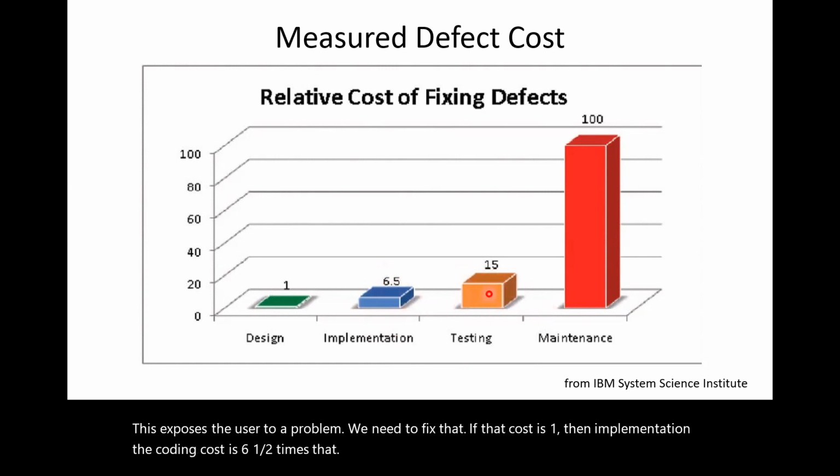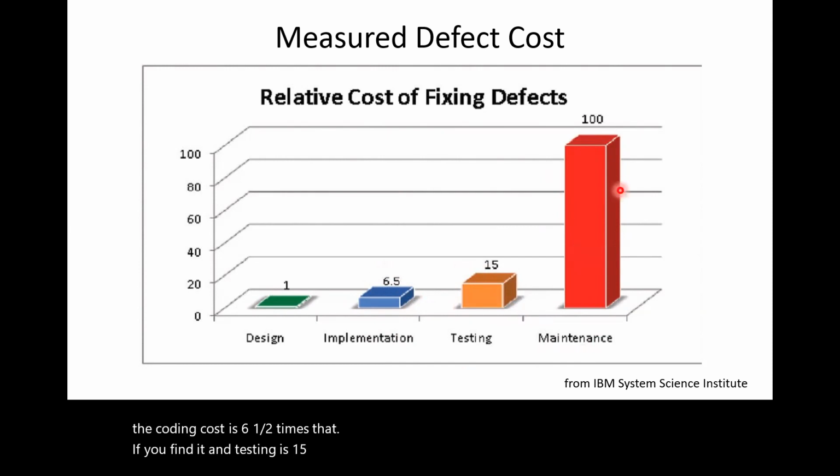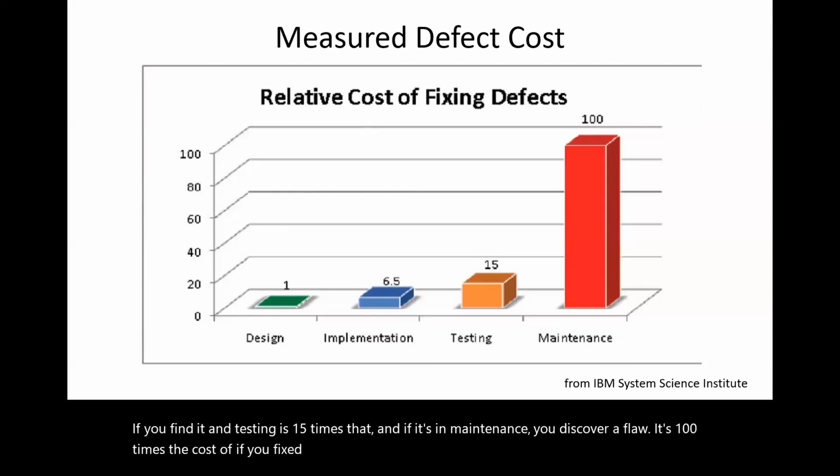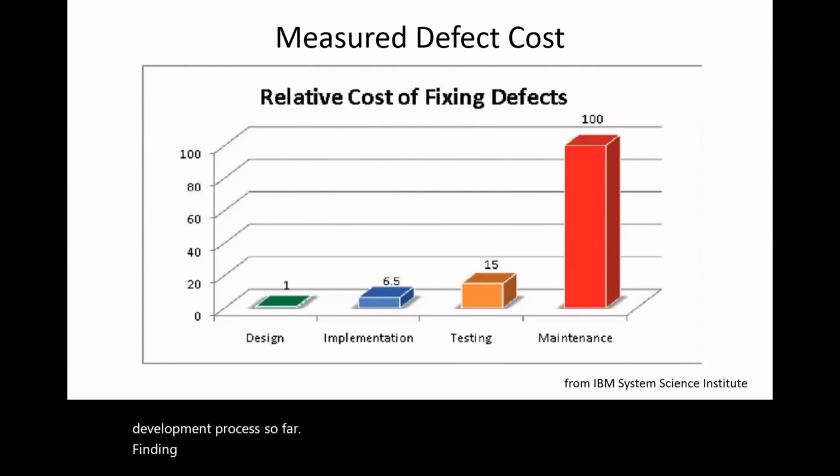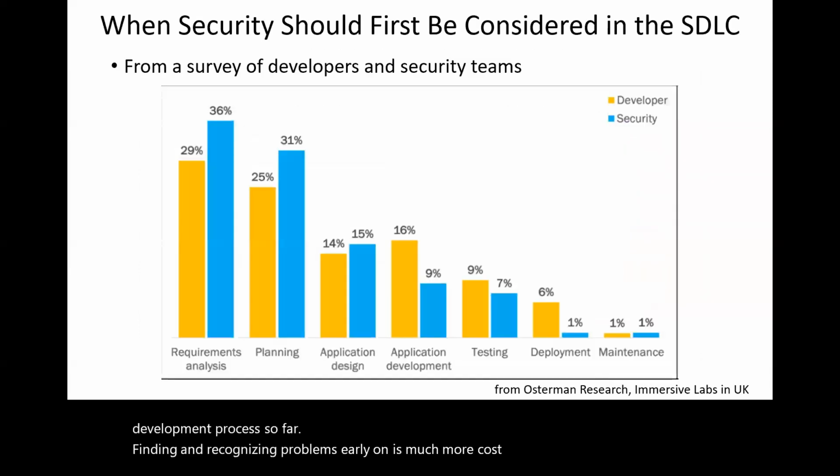If you find it in testing, it's 15 times that. And if it's in maintenance, you discover a flaw, it's 100 times the cost of if you fixed it first. So the cost goes way up as you move forward in the development process. Finding and recognizing problems early on is much more cost effective.